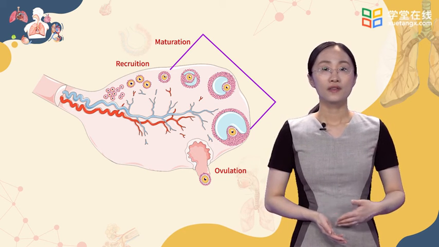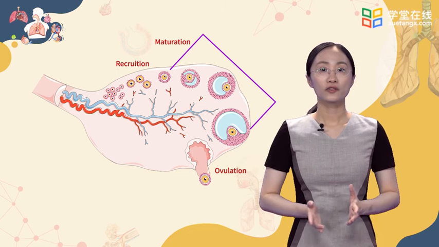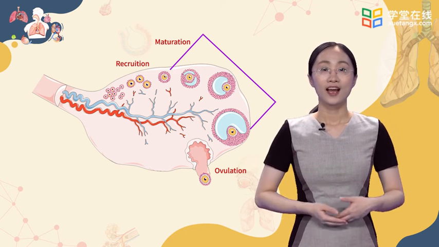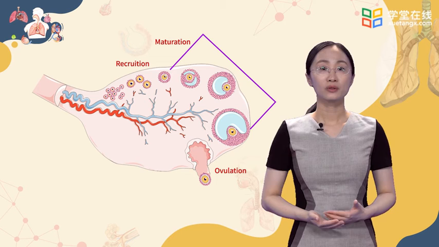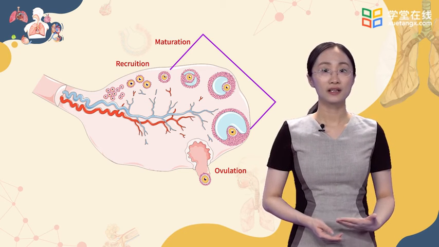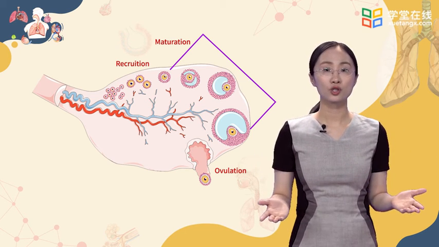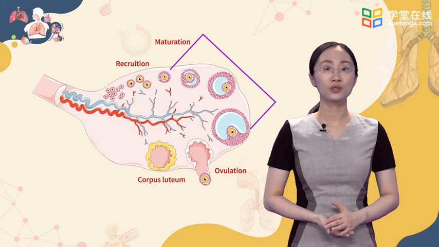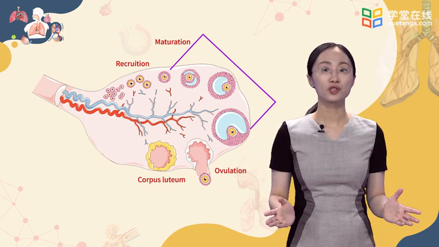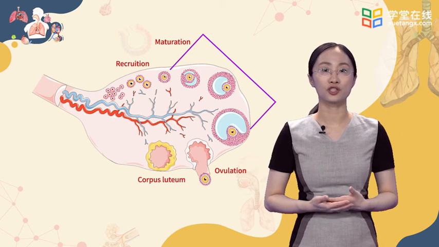After ovulation, the granulosa cells of the ruptured follicle undergo luteinization. These luteinized granulosa cells, plus the surrounding thecal cells, capillaries, and connective tissue, form the corpus luteum, which produces large amounts of progesterone and some estrogen.